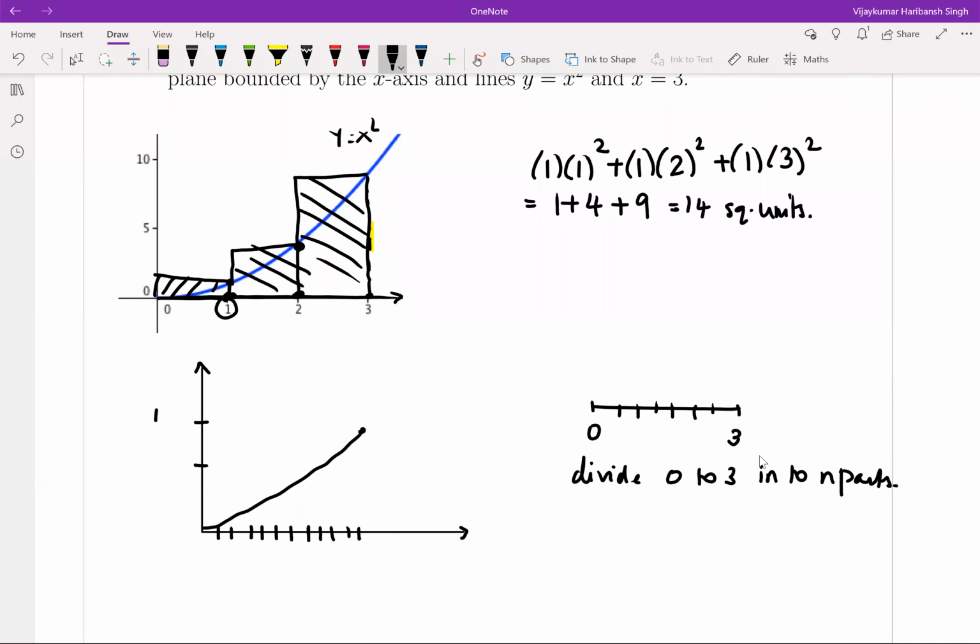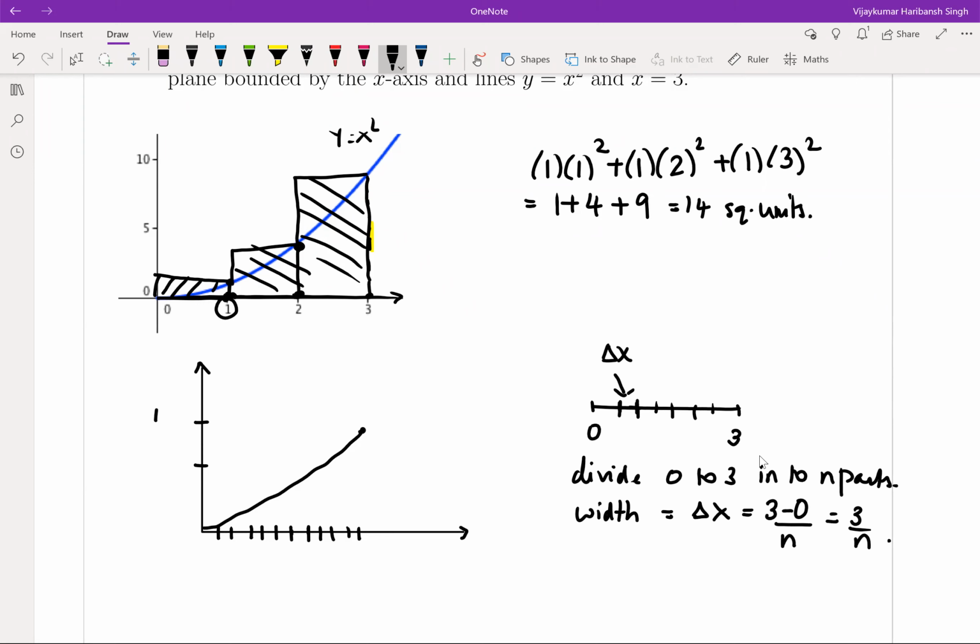The width of each of these is going to be how much? Let's call each of these delta x. So width is going to be equal to delta x. That is the name we are giving it, and it's going to be 3 minus 0 by n, which is going to be 3 by n. Okay, so that is the width of each one.